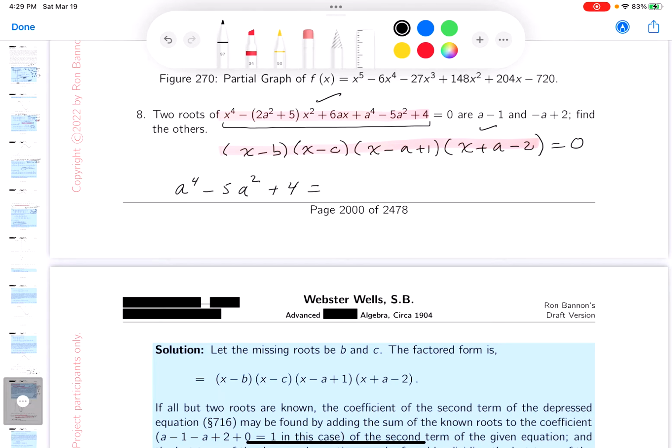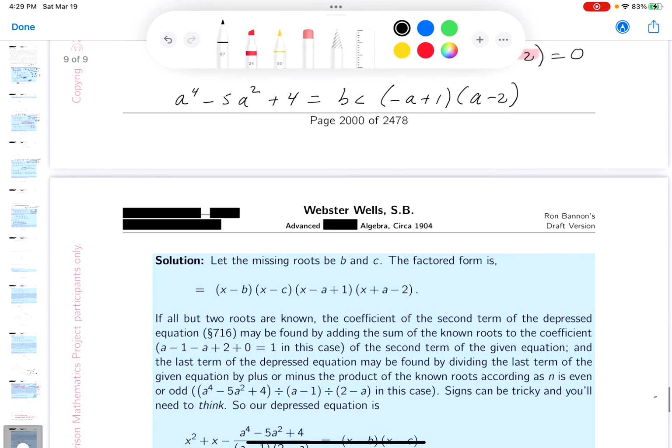And now I'm going to set x to be 0 here. You get bc, and then you're going to get minus a plus 1, and you're going to get a minus 2. All right, this is starting to look a little bit easier. I'm going to factor it. a squared minus 4, a squared minus 1 equals, I'm going to put down minus bc now.